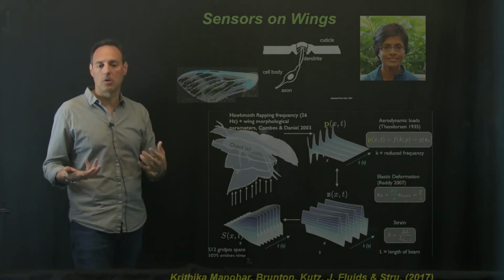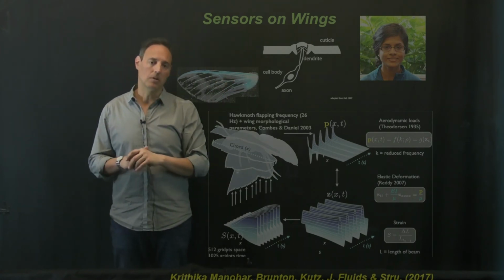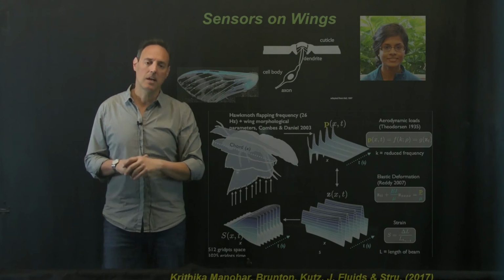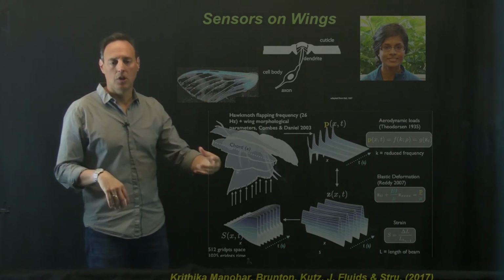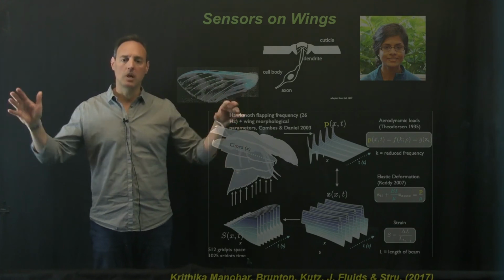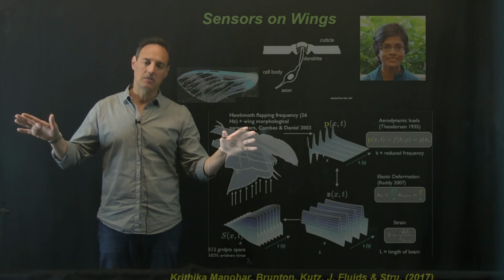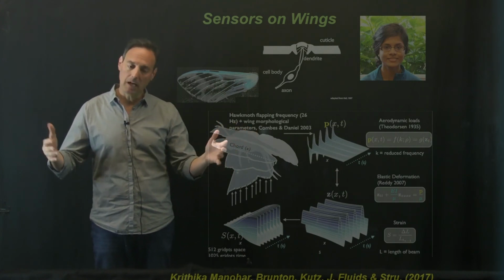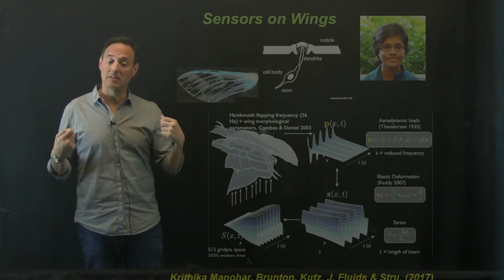So the thing we started looking at, and this is with Krithika Manohar, who's a PhD student here at the University of Washington, was to try to understand how these sensors on wings can inform flight dynamics. As this thing is flapping and straining, can it actually understand that, oh, I've got a big gust or a small gust, I need to stabilize my flight, and I want a small number of neurons to tell me this information.